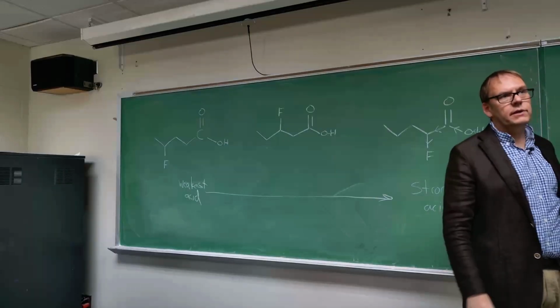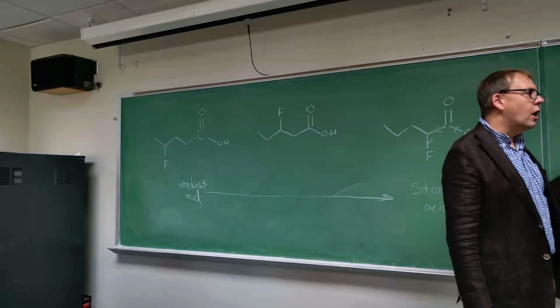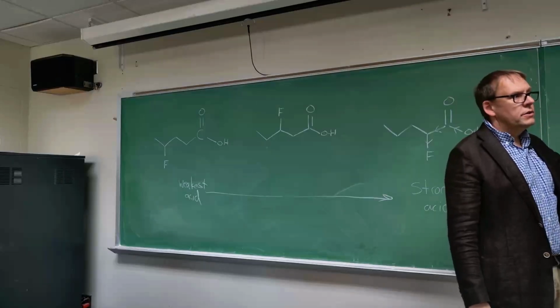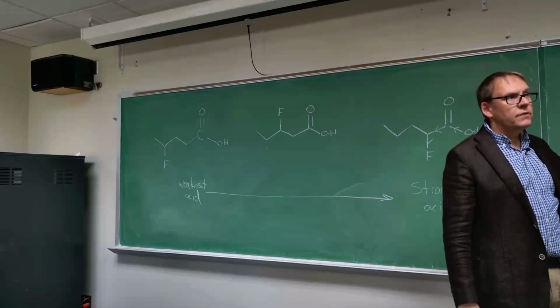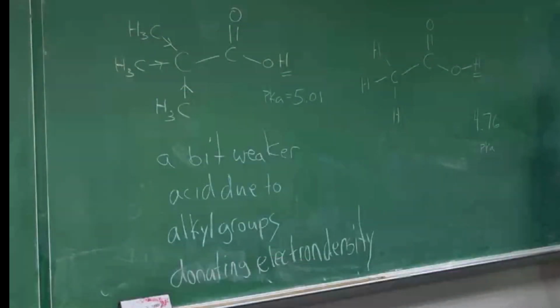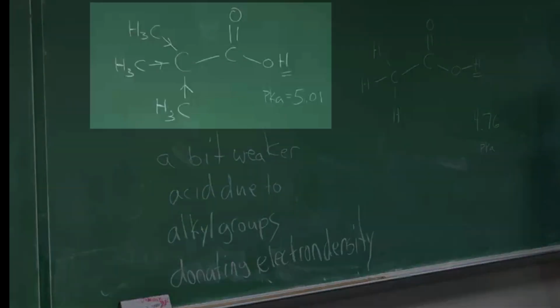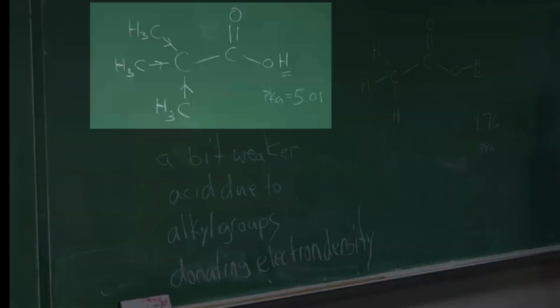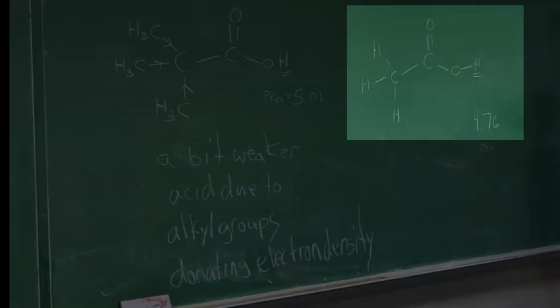Instead of electron withdrawal, it's electron donation, so that tends to affect acidity in the other direction. So this is a bit weaker acid due to alkyl groups donating electron density. The result is a little bit weaker acid than the carboxylic acid that doesn't have those.